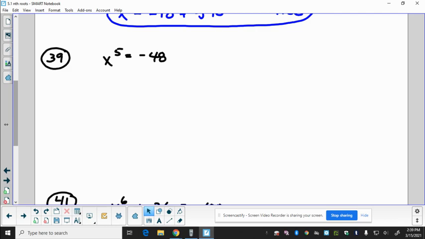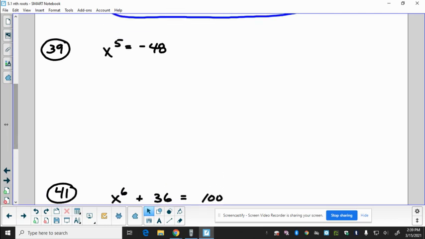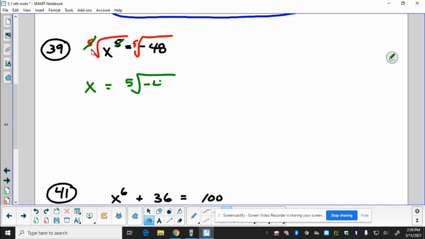About 39. We got another one down here we'll get to in a second. Okay, so we should have done a fifth root. Squeeze that in there. Cancels these out. So x is going to equal the fifth root of negative 48.